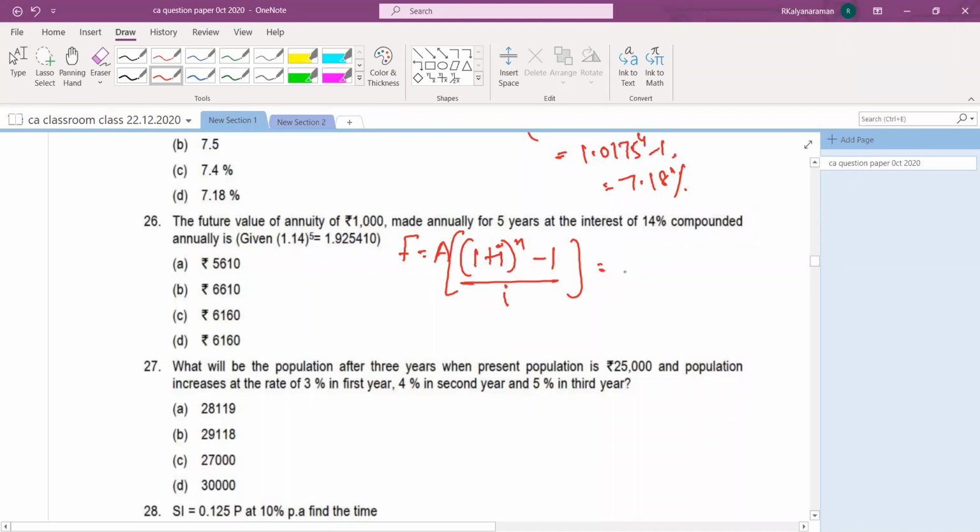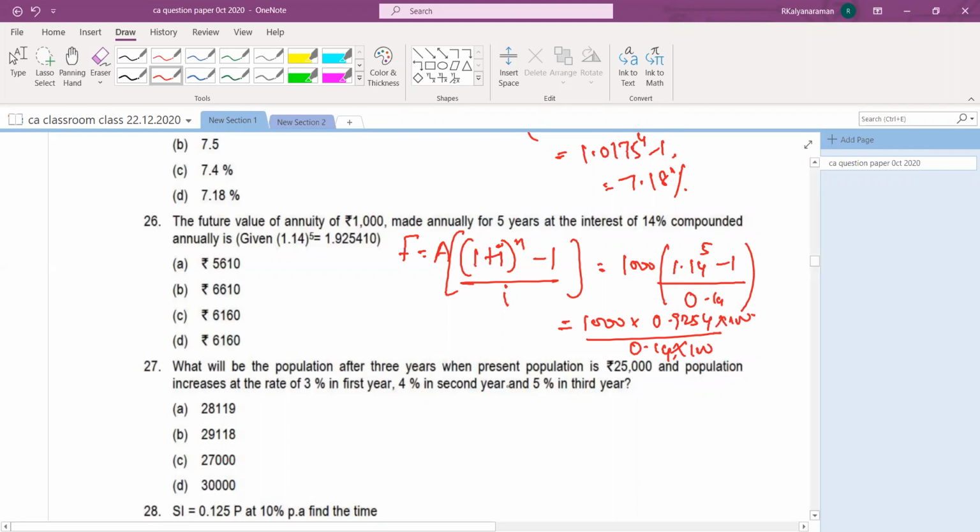So this is 1,000 into 1.14 power 5 minus 1, by 0.14. So it is 1,000 into 1.925410 minus 1, so it is 0.9254 divided by 0.14. Of course you can multiply by 100 each, or you can use the calculator directly.